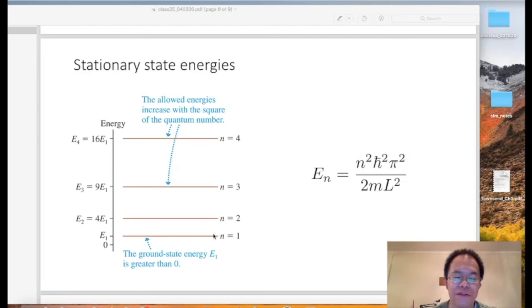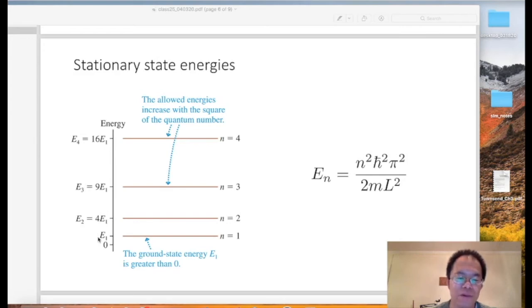In the case of the infinite square well, the energy levels are not spaced evenly. As I go from n equals 1 to n equals 2, because of the n squared dependence here, I actually increase the energy by a factor of 4. And similarly for the other cases illustrated here.